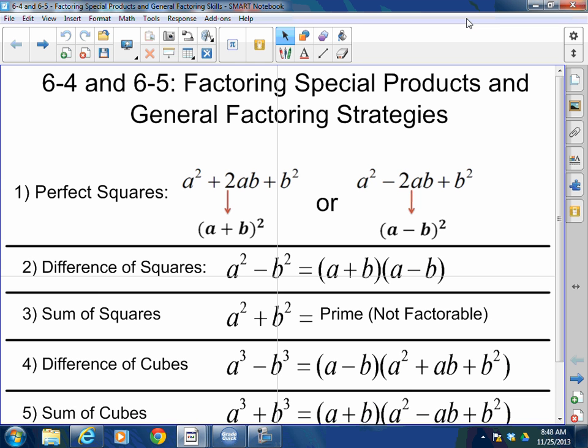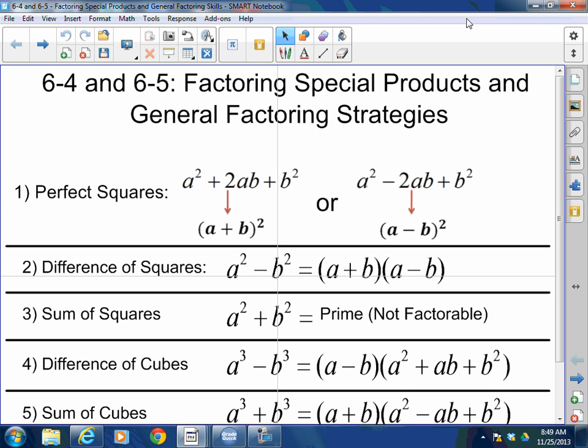Today we're going to wrap up factoring, and it's very important because factoring is going to be used for many chapters, many applications. So today we're going to be factoring special cases and then going over general factoring strategies. We already know how to factor out a GCF. That's the first and foremost thing we always do.